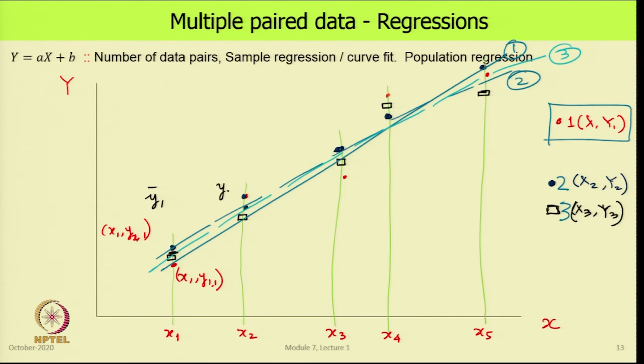I will do the same thing for the second one, I will get y2 bar and plot it over there. Then calculate the mean of these three and plot it over there. The mean of these three we plot it over there and so like that. This is mean of all y5.